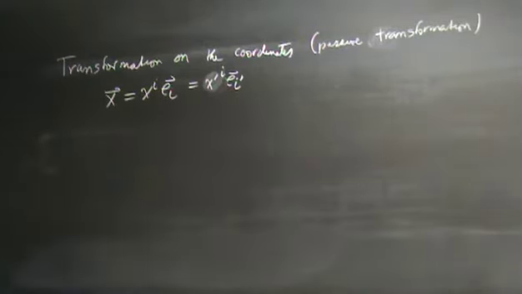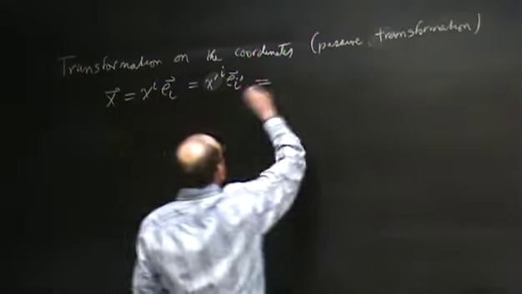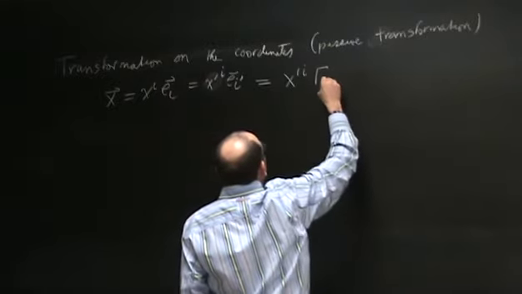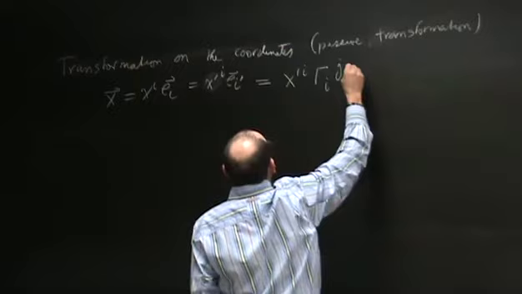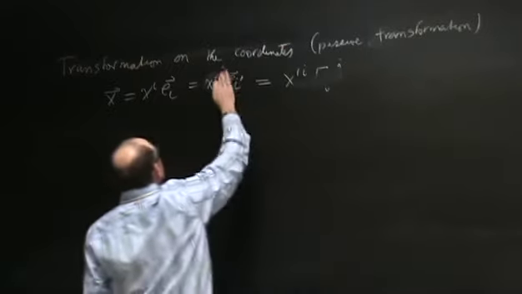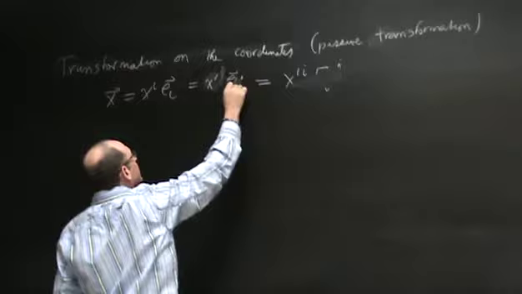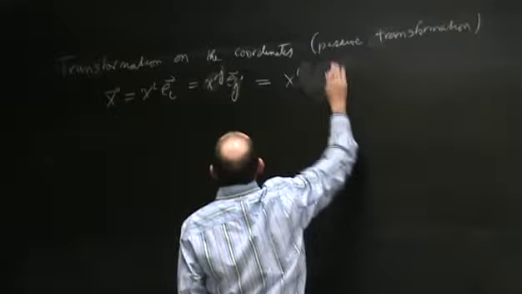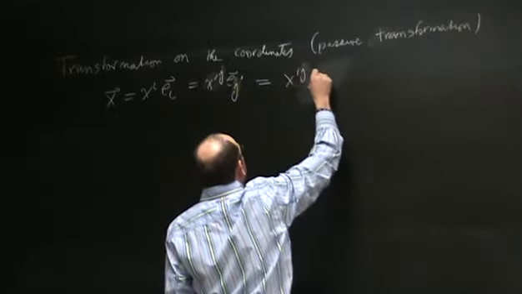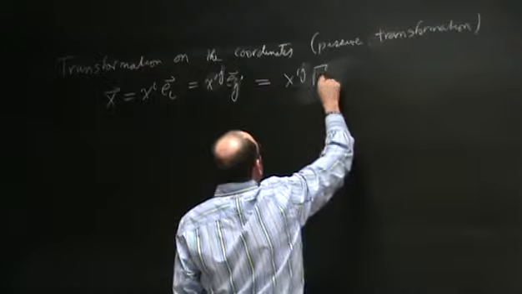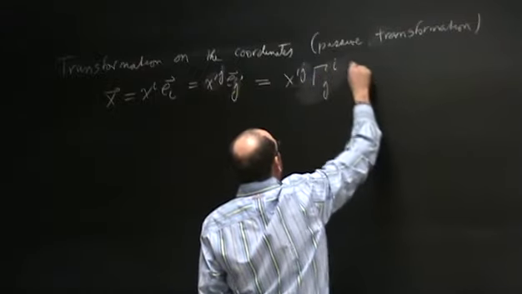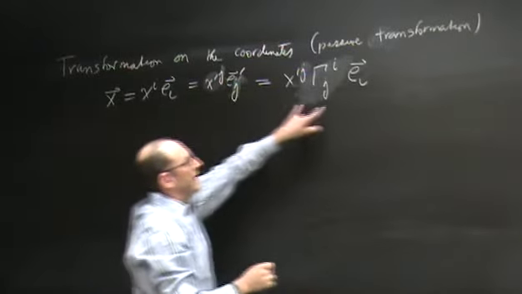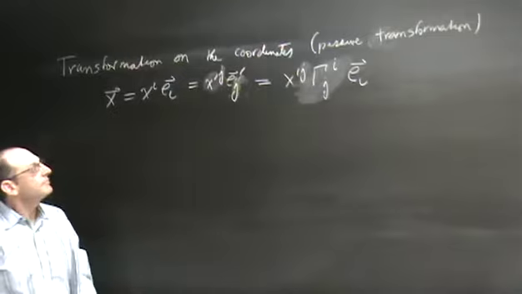Well, we know that. We just said we know how to transform the coordinates. That's gamma_ij. Let me use a different dummy index here so the algebra is a little easier: sum over j of gamma_ji e_i. So this was the transformation of the new basis vector in terms of the old basis vectors.